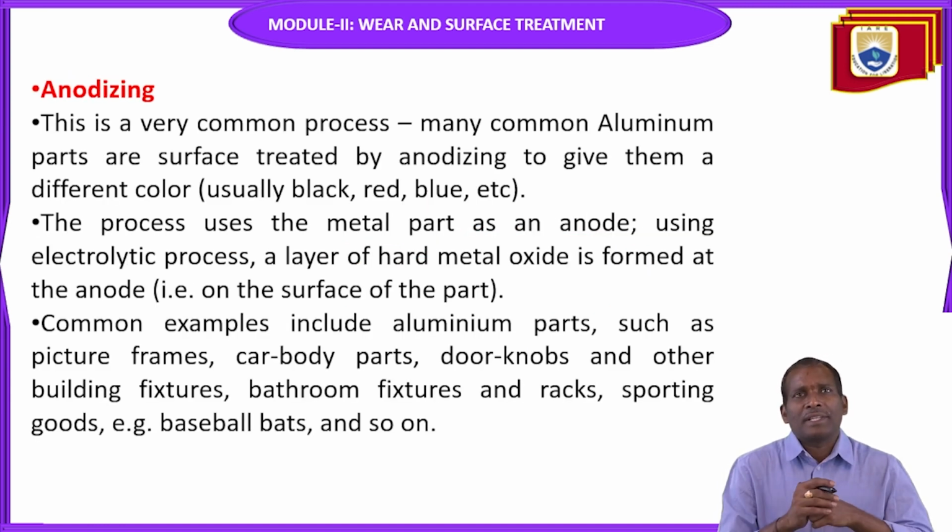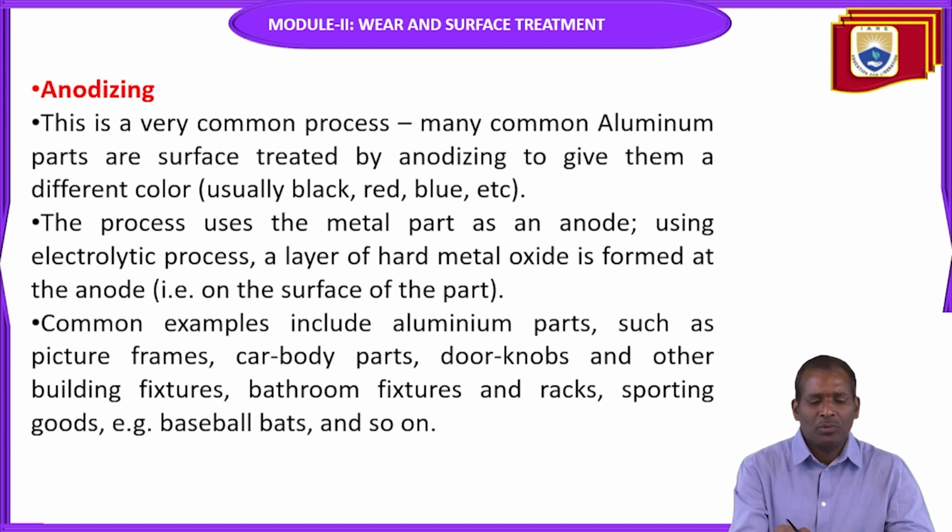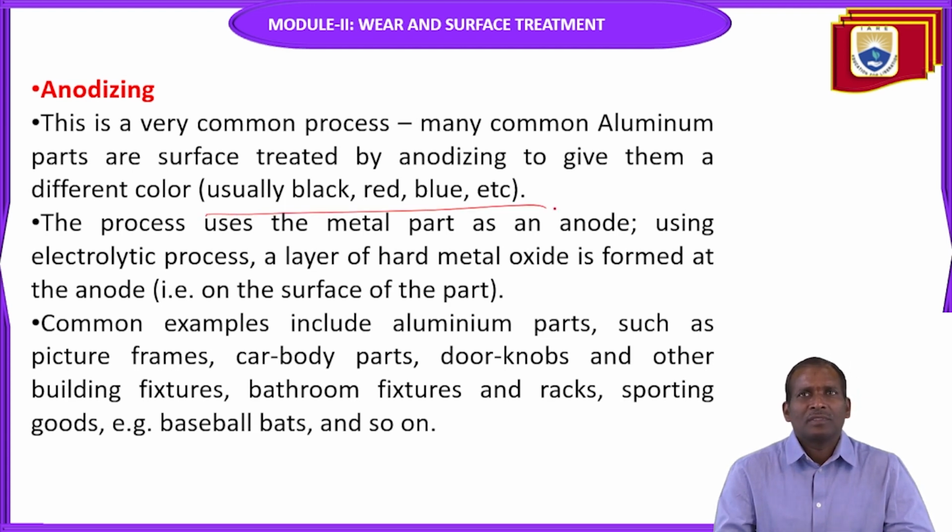So the next one is anodizing. This is a very common process. Many common aluminum parts are surface treated by anodizing to give them different colors, usually black, red, blue, etc. The process uses the metal part as an anode.